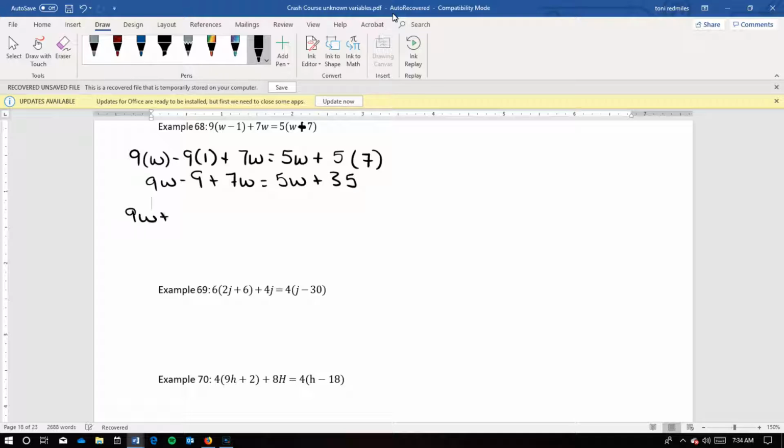Let's get all our W's together. When I bring the 5W over, it becomes negative. Write down what's left. 9 plus 7 is 16, minus 5 is going to give me 11.